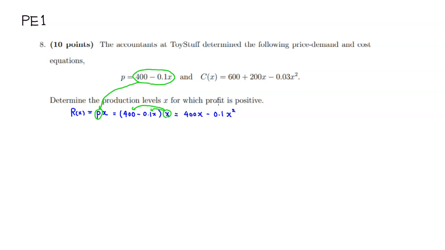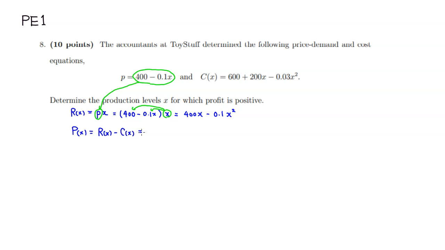That's the revenue function. And profit is simply the difference between the revenue and the cost. So the profit function, I'm going to call it P of x, is going to be R of x, the revenue function, minus the cost function.